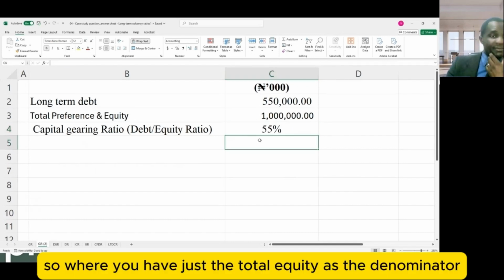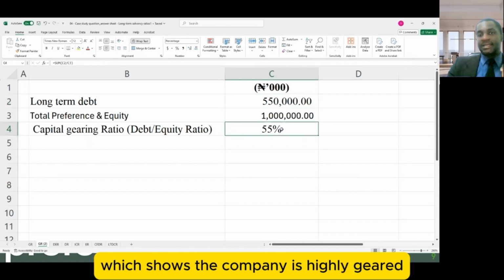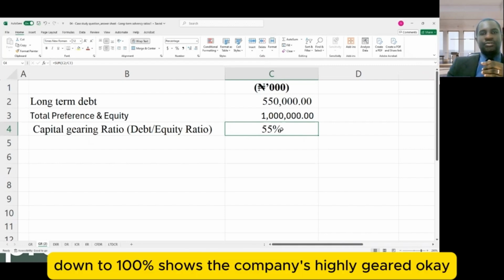Where you have just the total equity as the denominator, we have 55%, and the long-term debt is 55%, which shows the company is highly geared, because from 50% up to 100% shows the company is highly geared.